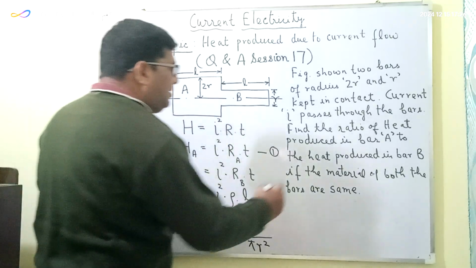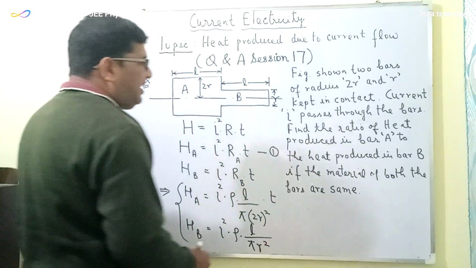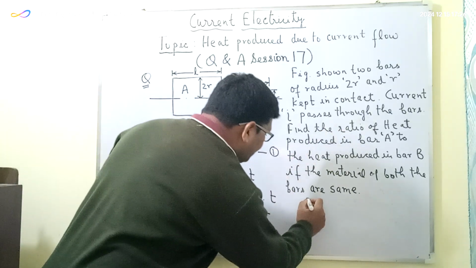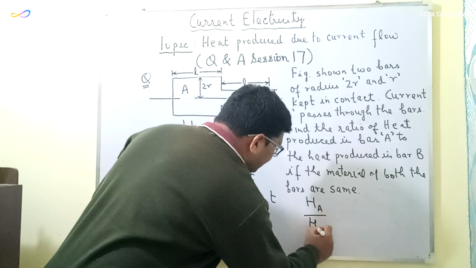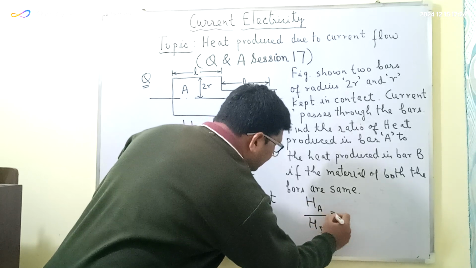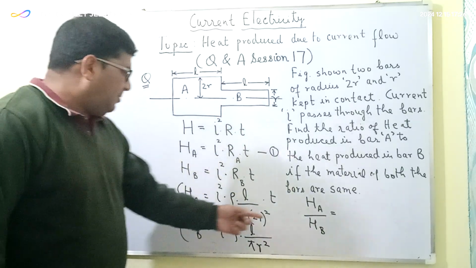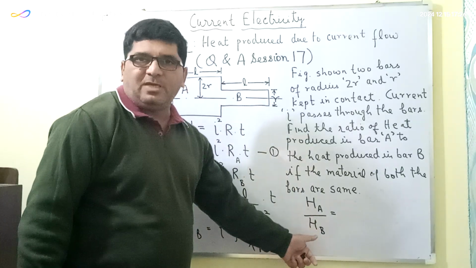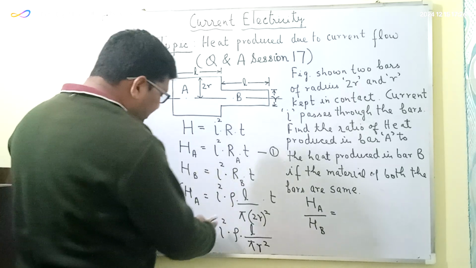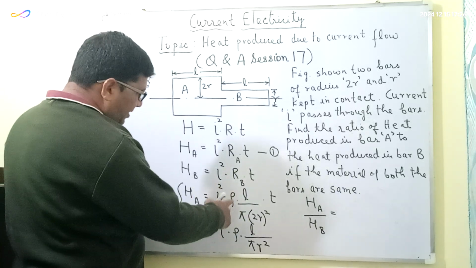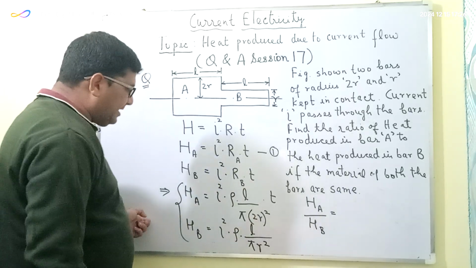We have to find the ratio of heat produced in the bar A to the heat produced in the bar B, so we have to find the value of HA upon HB. Simply we have to divide these two equations. On dividing, I square, rho, L and T will get cancelled out.